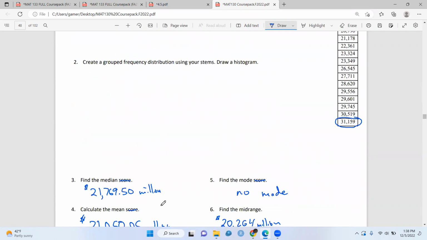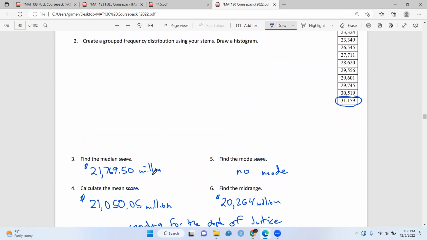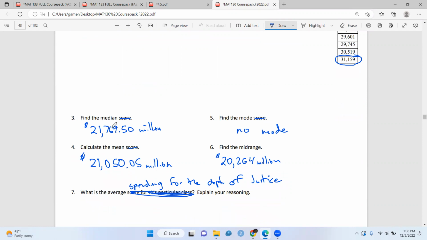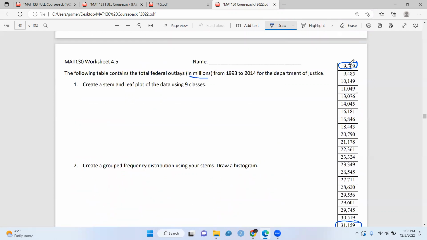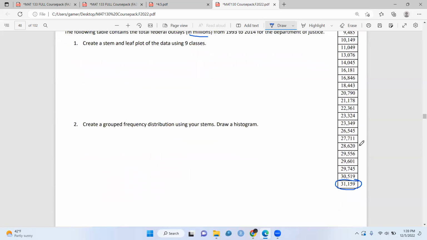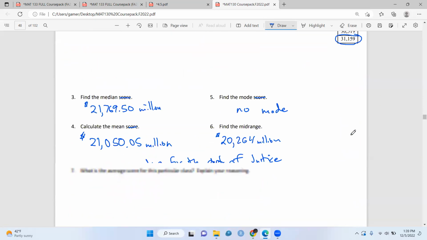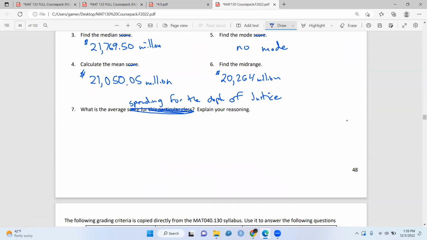That's kind of spread out. But if you look at the median and mean, those numbers are pretty close together, which suggests that even though 31,000 is fairly far away from 9,000, they're not really outliers when compared to the rest of the data values. So the best measure of average here would be the mean, because there are no outliers.